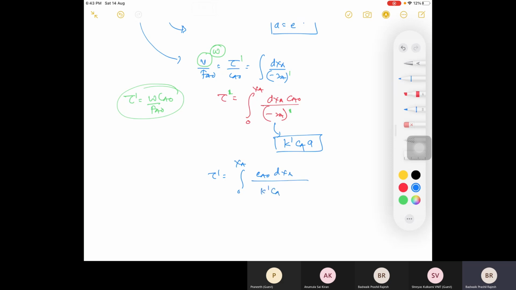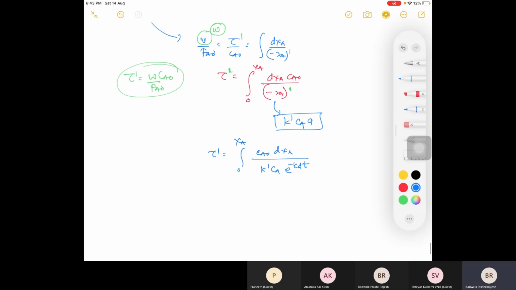K dash Ca activity e power minus of kd into t. Then this will come out of integration. Maybe you can convert this as a minus dca. You know how to get this: Ca is equal to Ca naught 1 minus of xa. So you can calculate dca there.